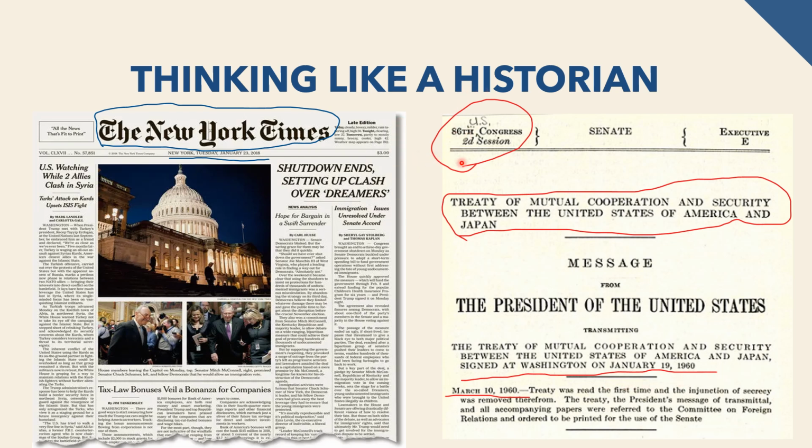Here we know exactly where the document is coming from. And also here we know when it was first produced. All these clues indicate to us that the source is a reliable source.